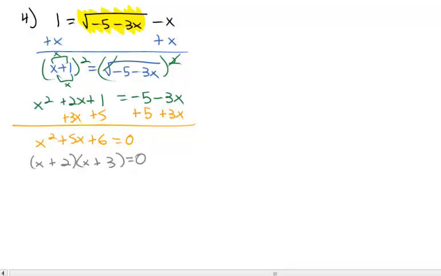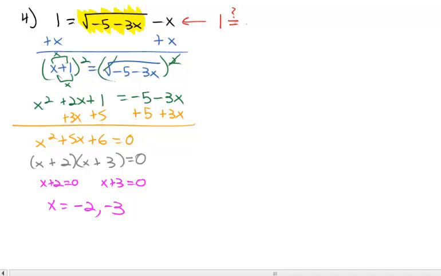This is x plus 2, x plus 3. And so when we set those equal to 0, x plus 2 equals 0, and x plus 3 equals 0, we're left with x equals negative 2 and negative 3 for our possible solutions. We don't know they're solutions because we still have to check our work in the original problem.